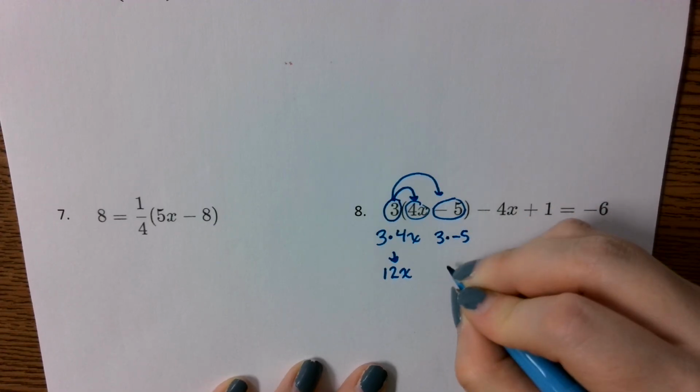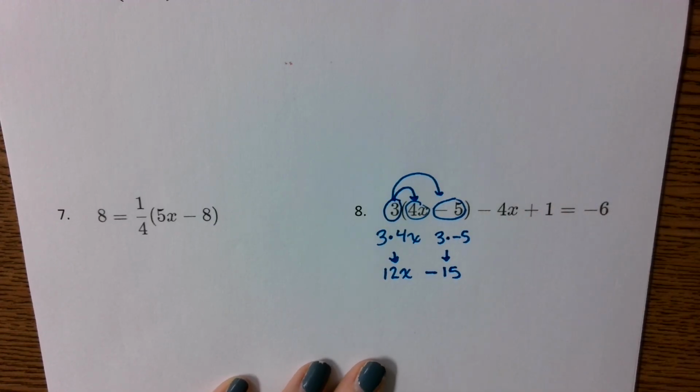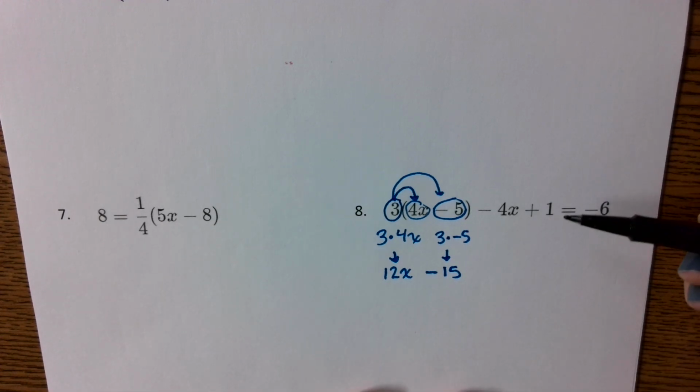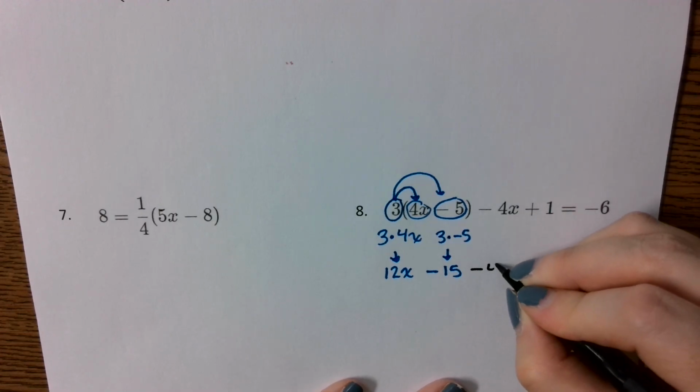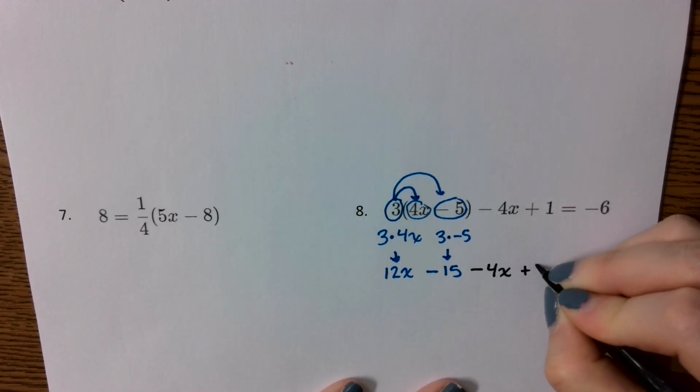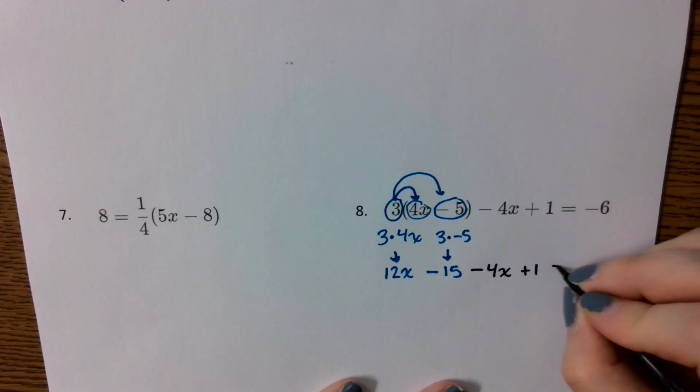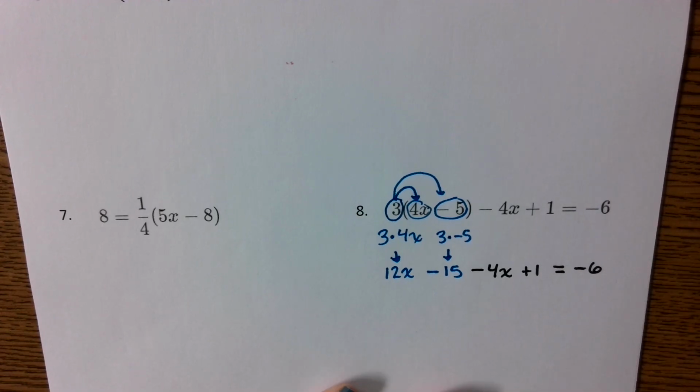So 3 times negative 5 is going to give us negative 15. Okay, so I've done my distributive property. I'm still going to bring down the rest of the problem. So this negative 4x and this plus 1 comes down, and then it equals negative 6.